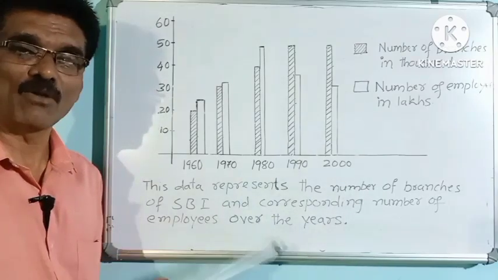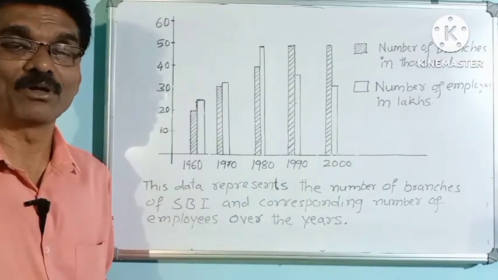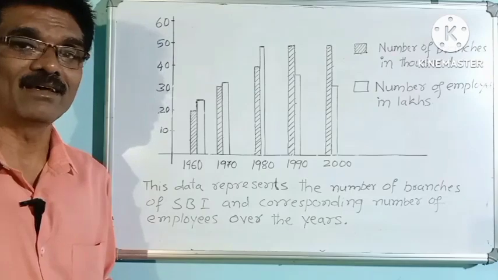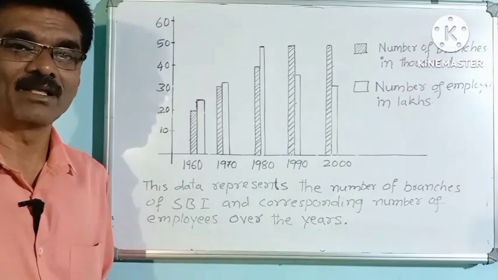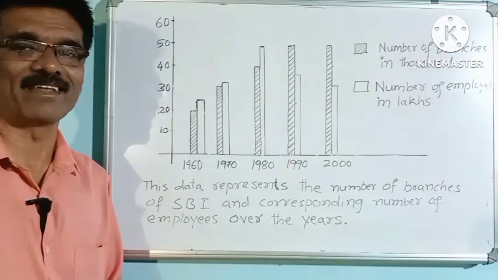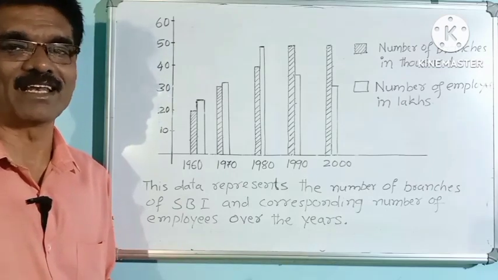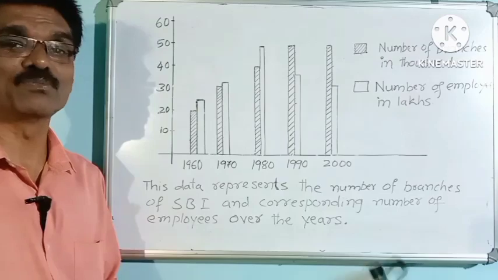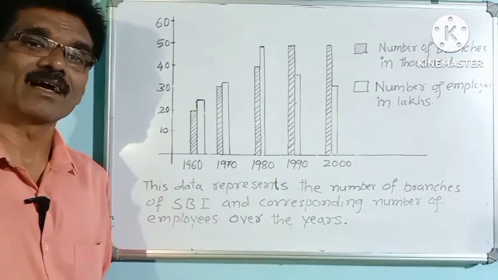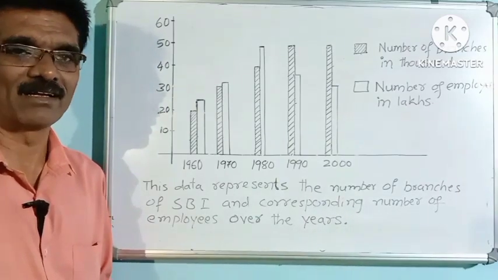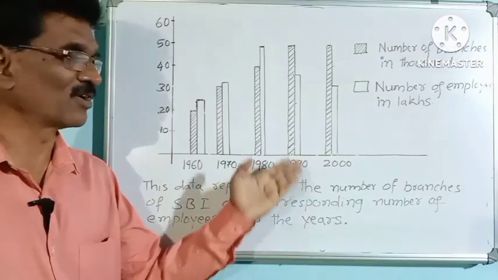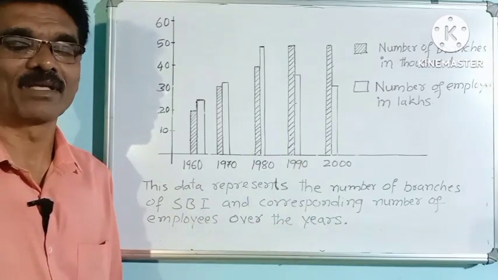But for the government of India, it is good because now it can run the whole establishment paying less salary. That means the burden on the exchequer is less. So it is a boon for the institution, that is SBI. So this is the report on this data.